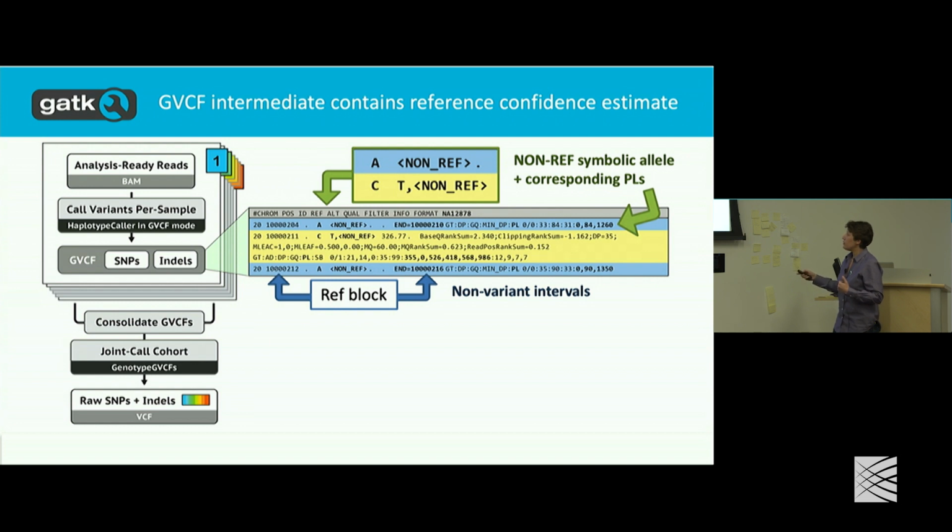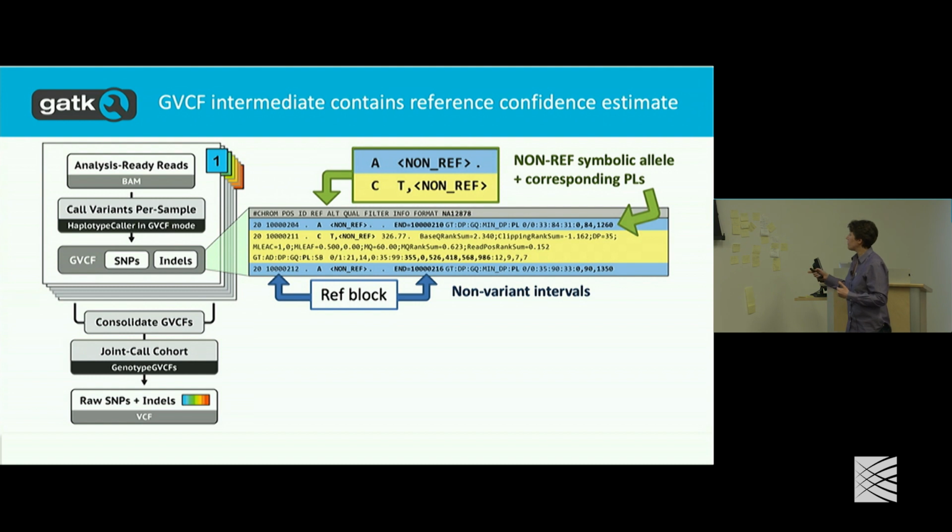But then there's also these blue records, which we're calling reference calls, or non-variant calls, where we don't have evidence of variation, but we record what we did see.